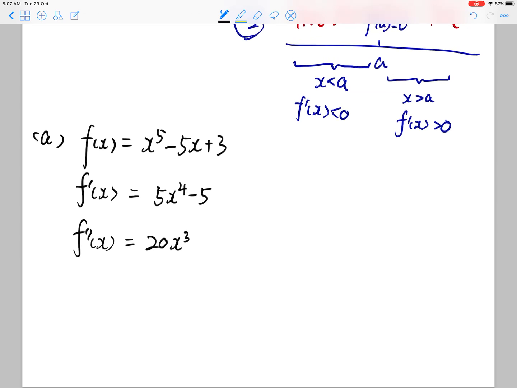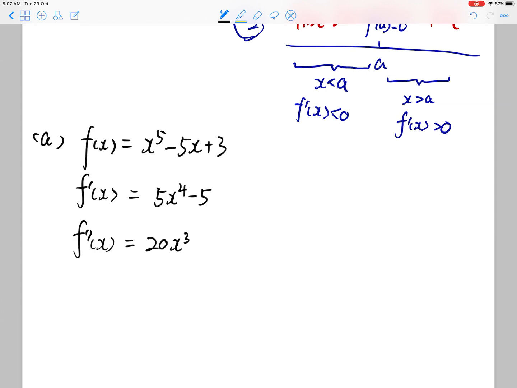First, you should find all the points where the derivative equals 0, which means 5x^4 minus 5 equals 0, x^4 equals 1, so x equals 1 or negative 1.